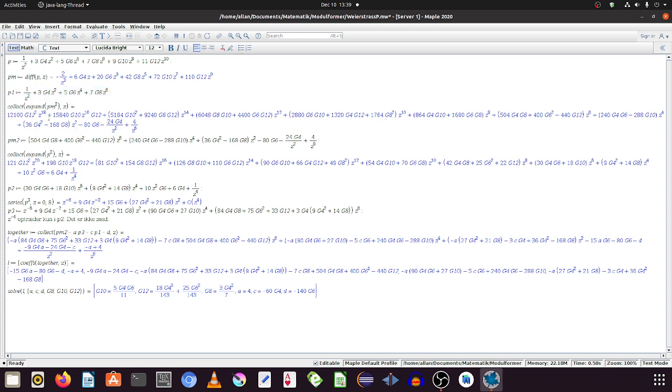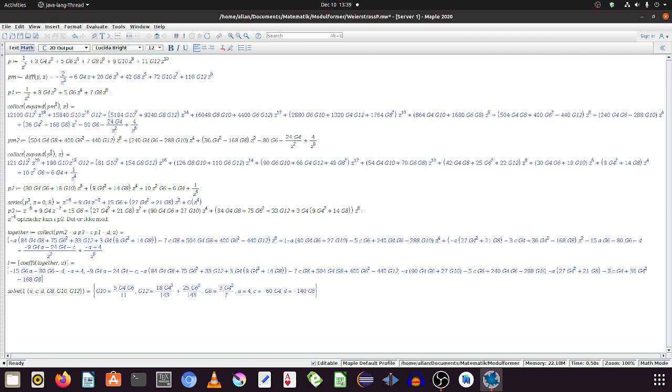We square the derivative and define PM2 as the terms up to z to the 6th.